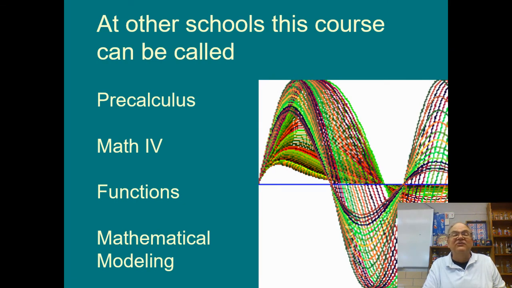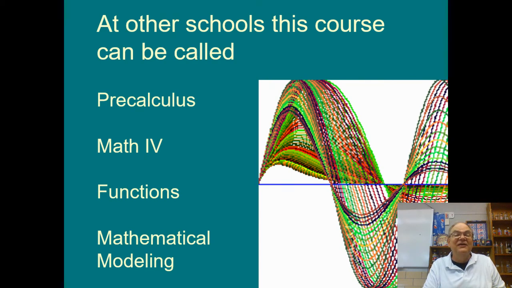Again, we call this course math analysis, but it can have a lot of different names at other schools. Sometimes when you do stuff like filling out the form to take the ACT, or when you're applying for scholarships or applying for admission at different colleges, they may ask you what math courses you've taken.